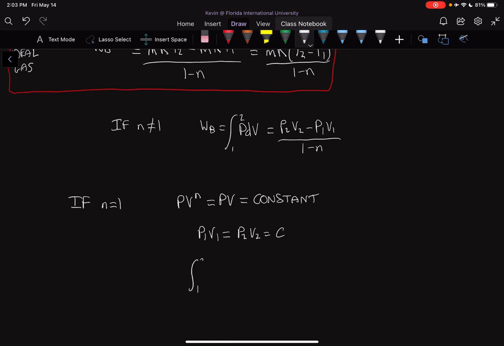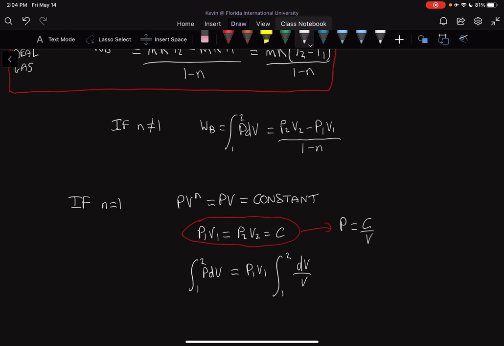And in this case, the integral of PdV, and I'll go a little bit faster through this integral, but you can definitely take the time to understand it, would be equal to P1V1, which is our constant, our C, okay, times the integral from 1 to 2 of dV over V. Because we know from this equation right here, by rearranging, we would get that P is equal to C over V.